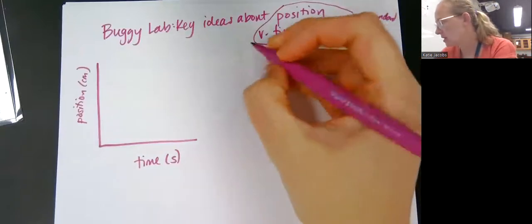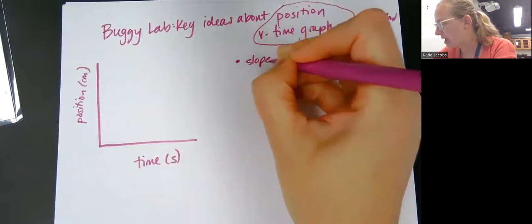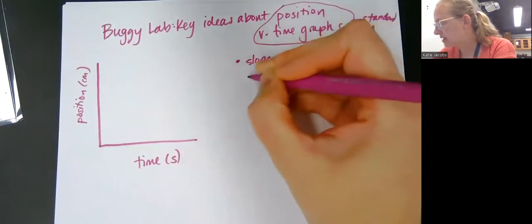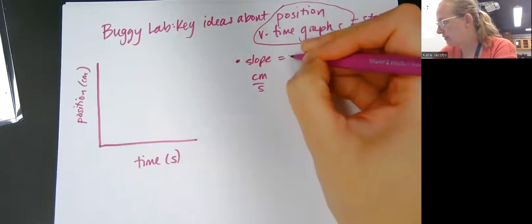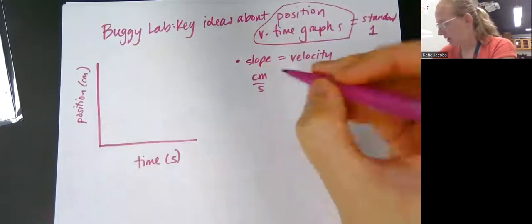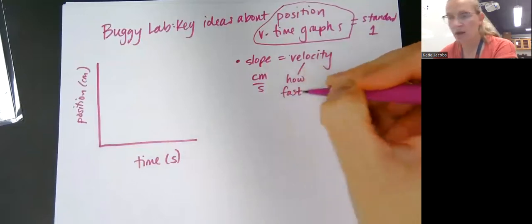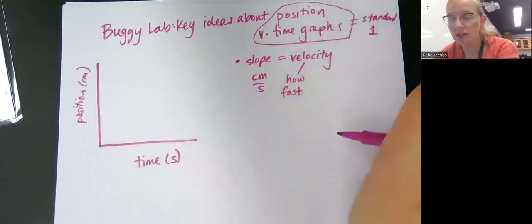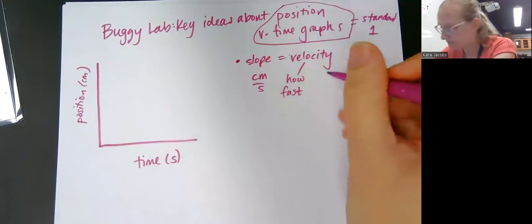So some key ideas that we learned from the Buggy Lab is that the slope of this graph has the unit of centimeters per second, and therefore it is the velocity of the car. It tells you how fast the car is moving. Like for every 1 second, the car was moving 30 centimeters. That's what 30 centimeters per second would mean.